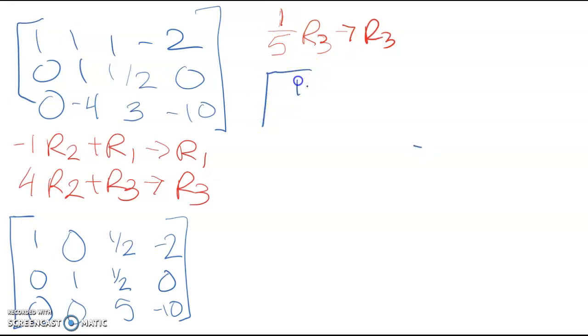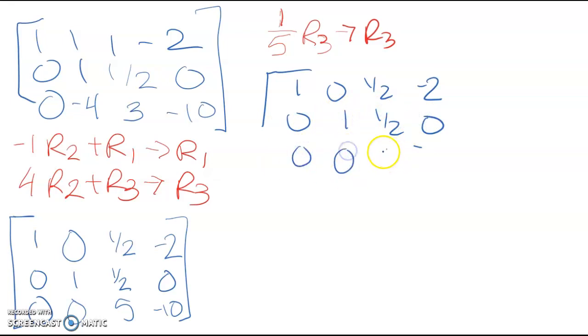So then I would have 1, 0, 1/2, negative 2, 0, 1, 1/2, 0. And now, because this is the only row I'm changing, I'm dividing by 5. I get a negative 2. So already, if you think about what it means in terms of an equation, I have 1z equals negative 2. Okay.